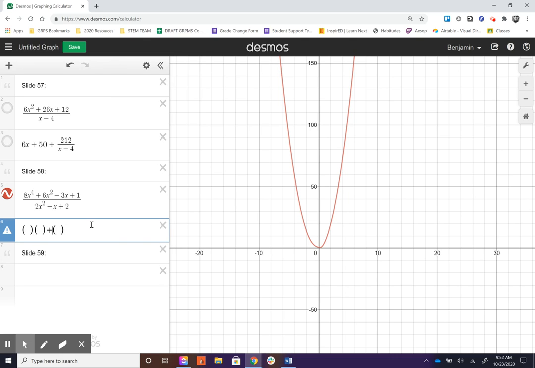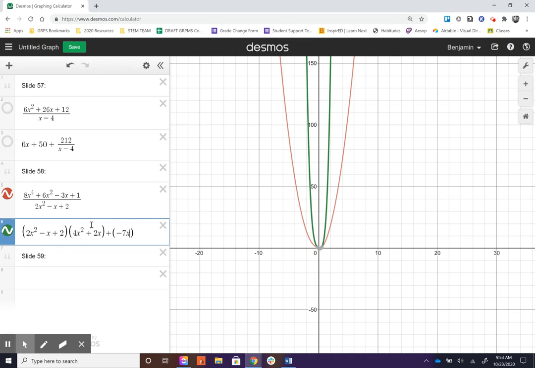I'm going to get all my places set up, and then these should land on top of each other if we did our division correctly. 2x squared minus x plus 2, 4x squared plus 2x, and our remainder, negative 7x plus 1.